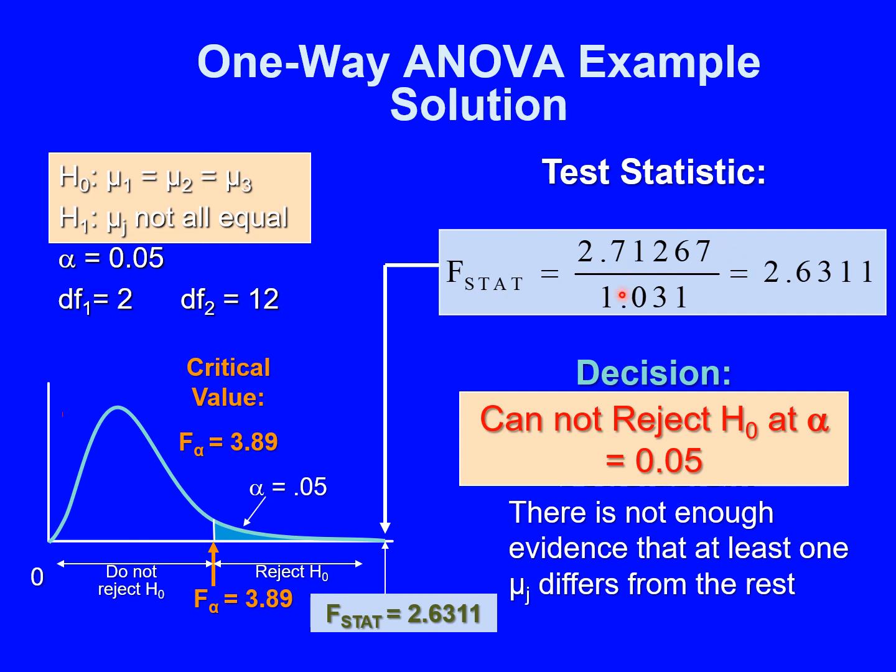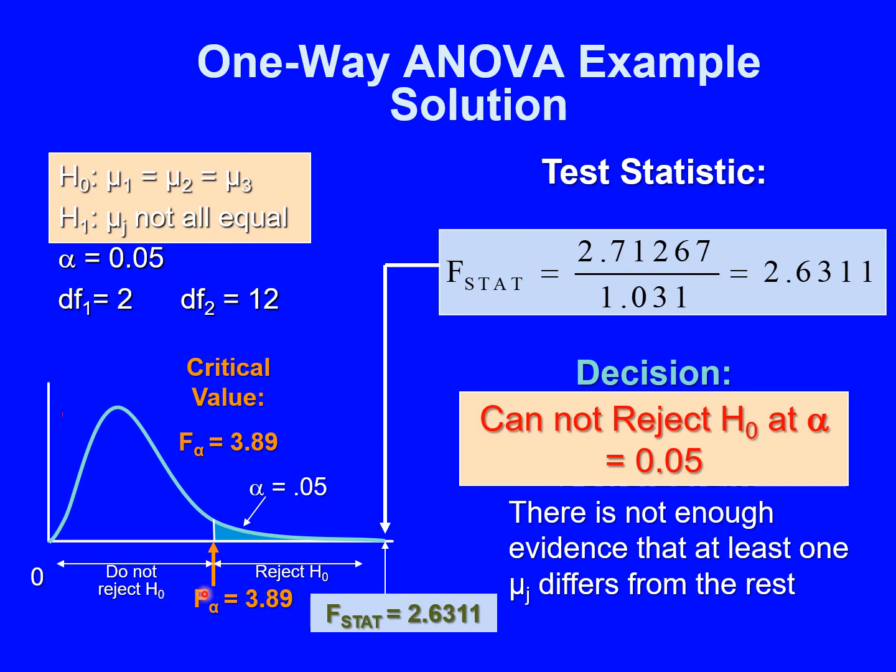And we calculated the test statistic, which is the F statistic. So the computed F, we got it on the last page. It was 2.6311, right? But the critical value from the table, we can get it with alpha equals 0.05 and degrees of freedom 2 and 12.